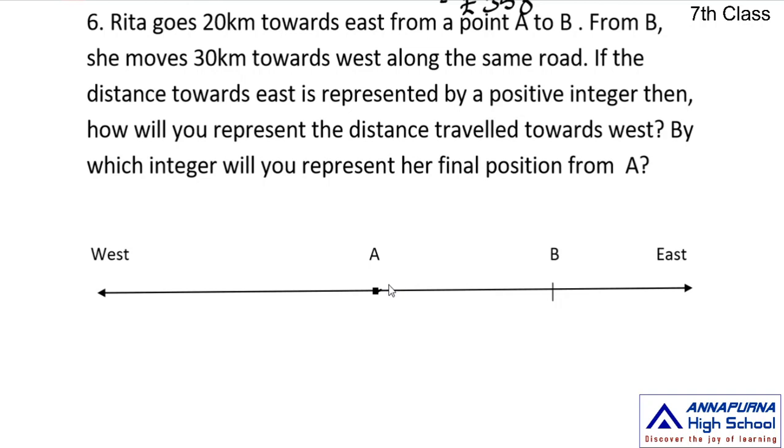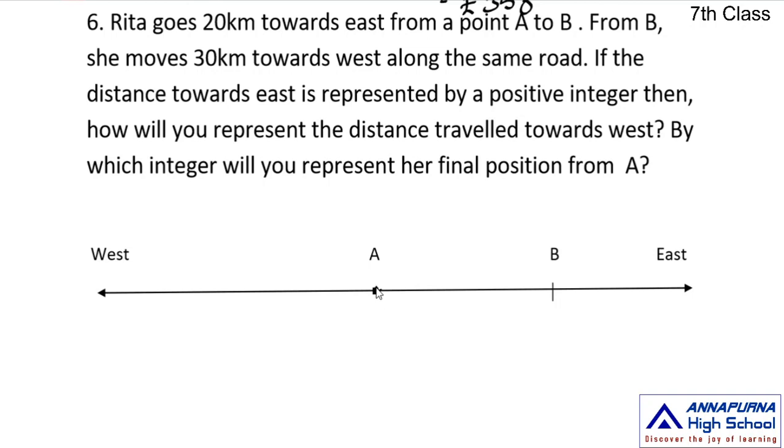If the distance towards east is represented by a positive integer, then how will you represent the distance traveled towards west? Obviously it is represented by negative. By which integer will you represent her final position?